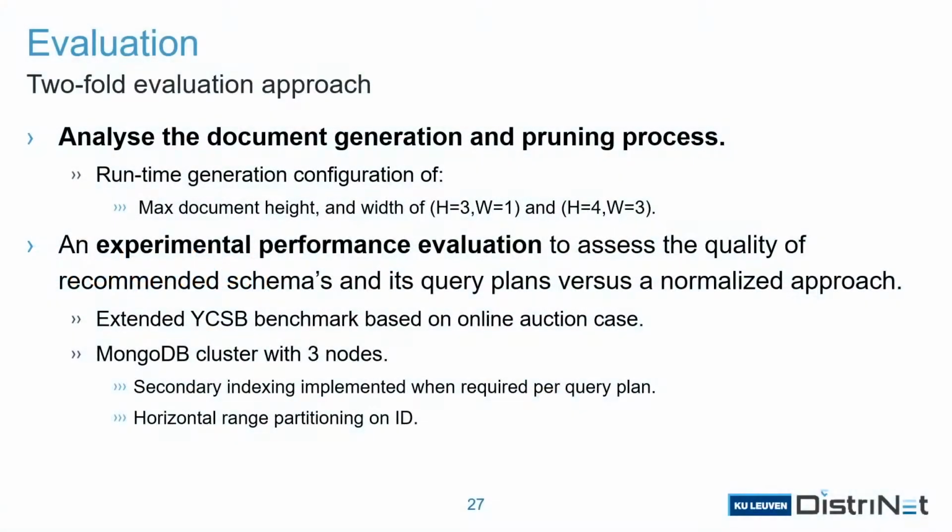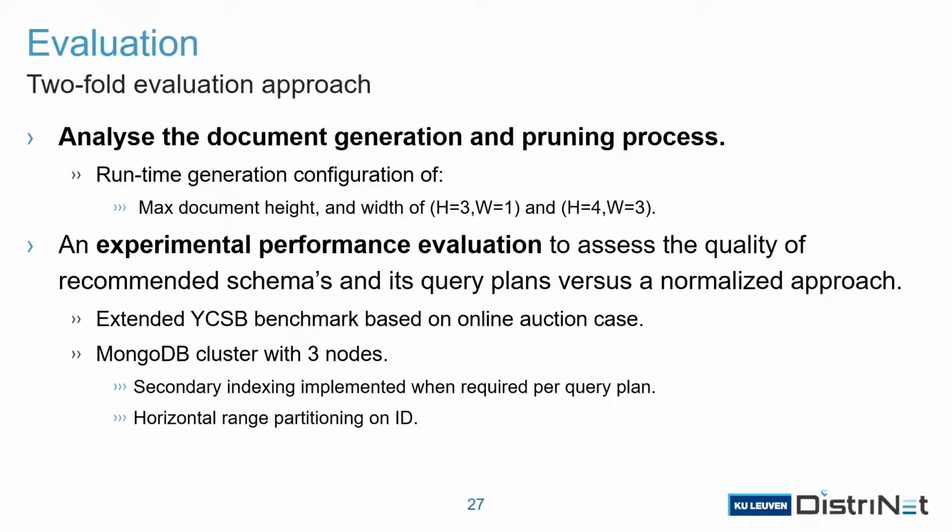Okay. But then we of course did an evaluation of the recommender system, and we did this in a twofold approach. So first we analyzed the generation and the pruning process of the documents, and we did this using two configuration settings.